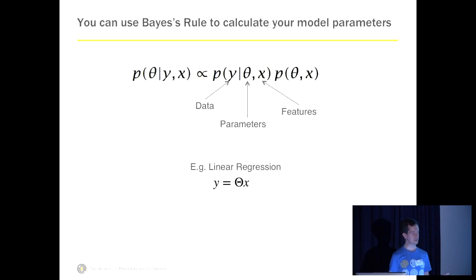What is the probability of theta given what you know about the world, the y and the x. But note that you're also putting in the probability of y given theta and x, which is your model. What do you know about how things happen? And some prior knowledge about the world. Whenever you're fitting models, this is in there somehow implicitly, but here we're going to be writing it down a little more explicitly.